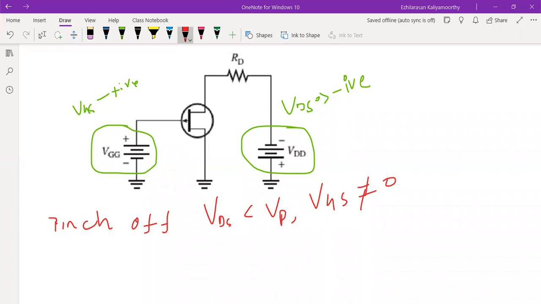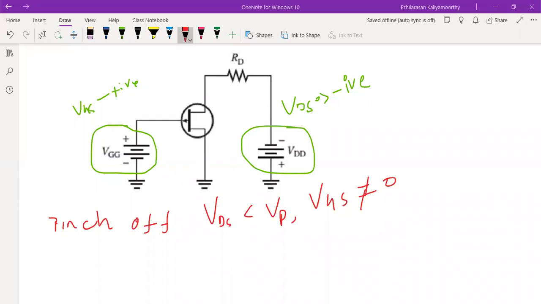We can say one more thing. Sometimes we may use the data sheet. Each and every electronic device will have a data sheet, in which some standard values will be available for the particular device. In that they will specify what the VP value is, what the VGS(off) value is, all those things.